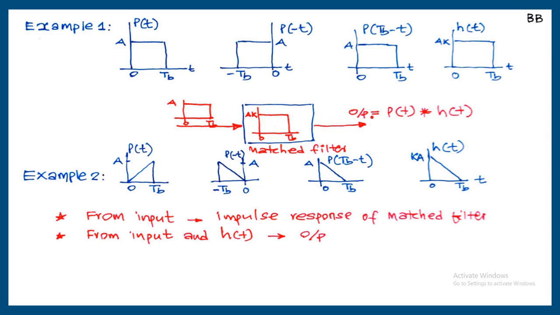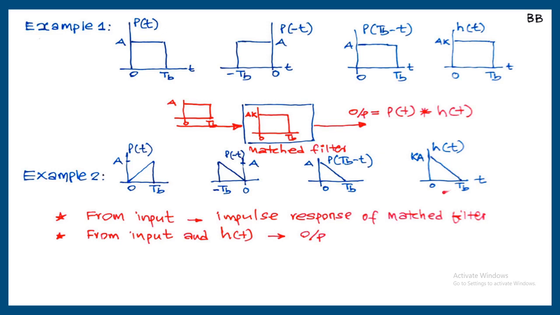Output is convolution between input signal and impulse response. Second example, p of t is given as a triangular waveform. Second step, p of minus t, take the mirror image, then go for a right shifting, that is p of tb minus t multiplied by k. K is a constant, multiplied by k indicates that just height can increase or decrease.